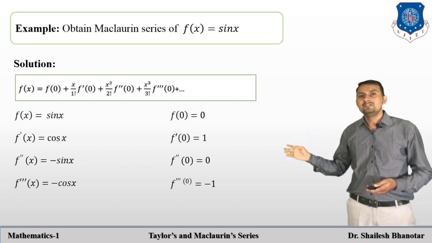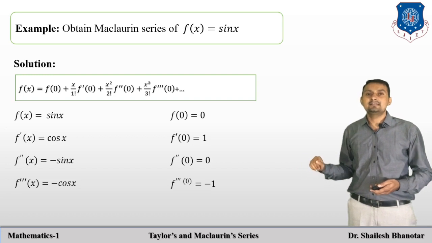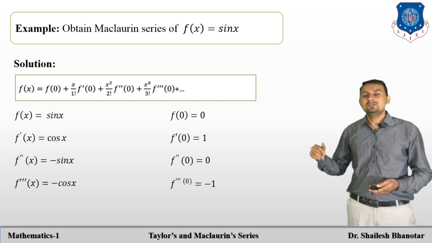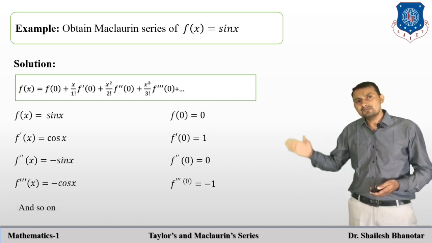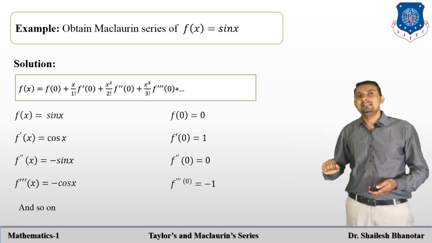So the first derivative at 0 is cos 0, which is 1. The second derivative is minus sin x, and the second derivative at 0 is 0. The third derivative is minus cos x, and at 0 that is going to be minus 1, and so on.